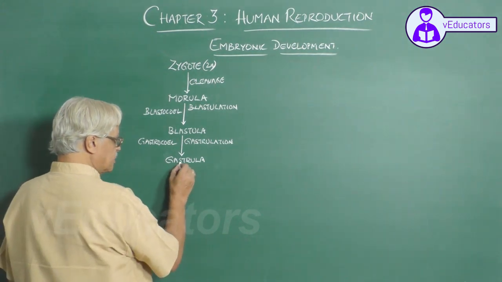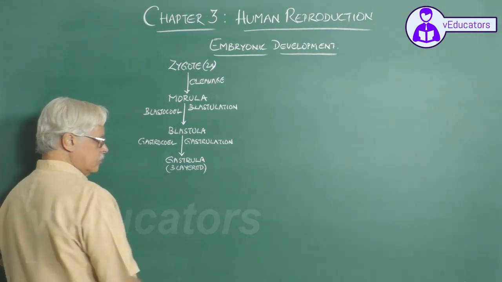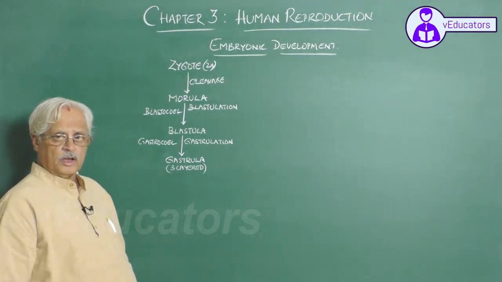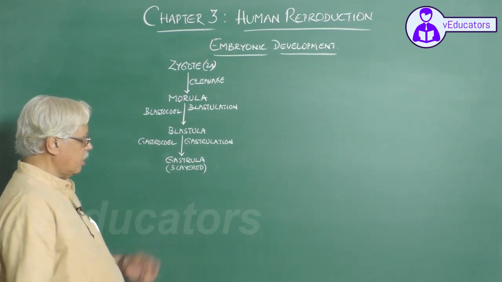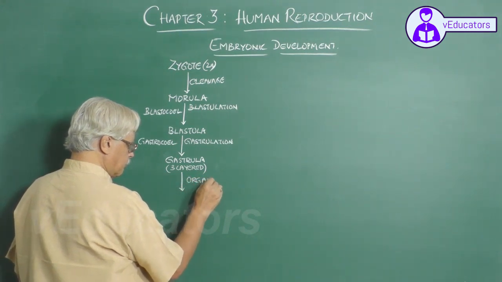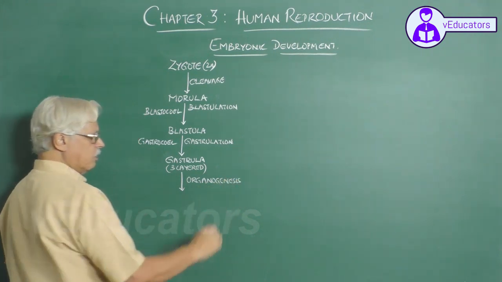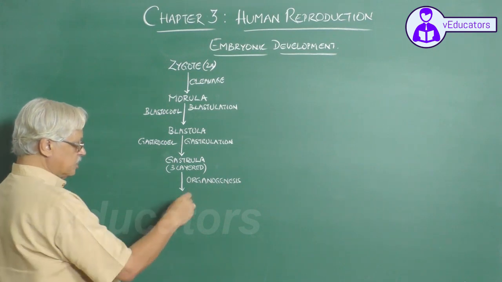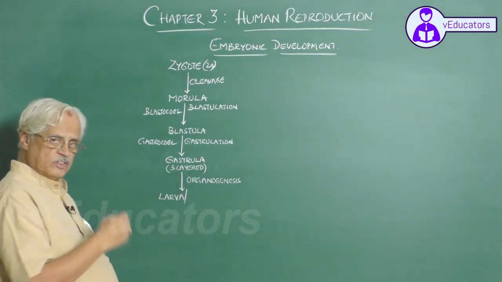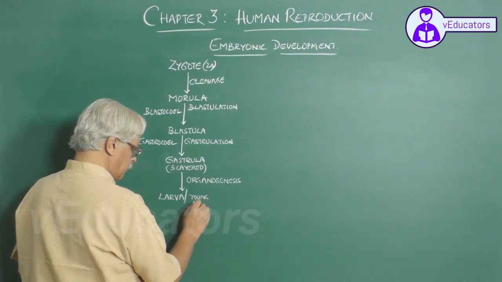So this three layered gastrula, containing an outer ectoderm, a middle mesoderm and an inner endoderm, now undergoes a process called organogenesis, the formation of organs. This organogenesis ultimately results in the formation of either the larval stage or the young adult.